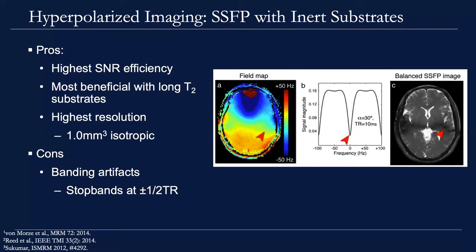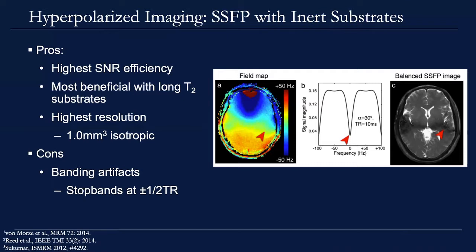And how about if we had, let's say, a metabolically active compound like bicarbonate or CO2 or like pyruvate and lactate? Could you use an SSFP type approach? You could, I'll tell you that.